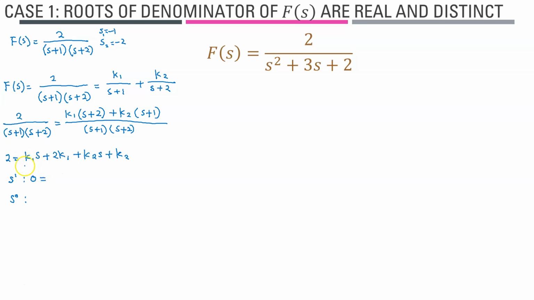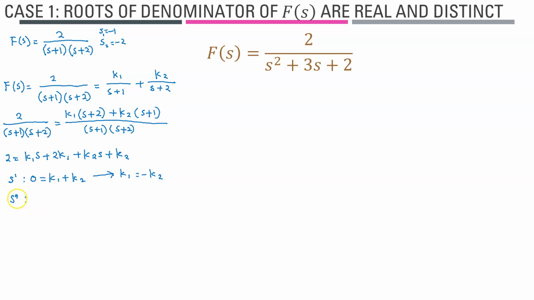On the right hand side, we have k1s and k2s, so you write k1 plus k2. If you arrive here, you will get k1 equals minus k2.